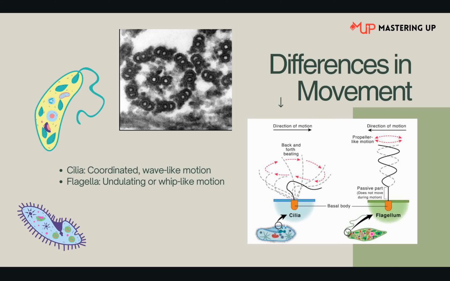Cilia beat in a coordinated, wave-like pattern, almost like oars rowing in sync. This movement sweeps fluids and particles along the cell surface, while flagella, on the other hand, move in a whip-like or undulating motion that propels the entire cell forward, which is ideal for swimming through liquid environments.